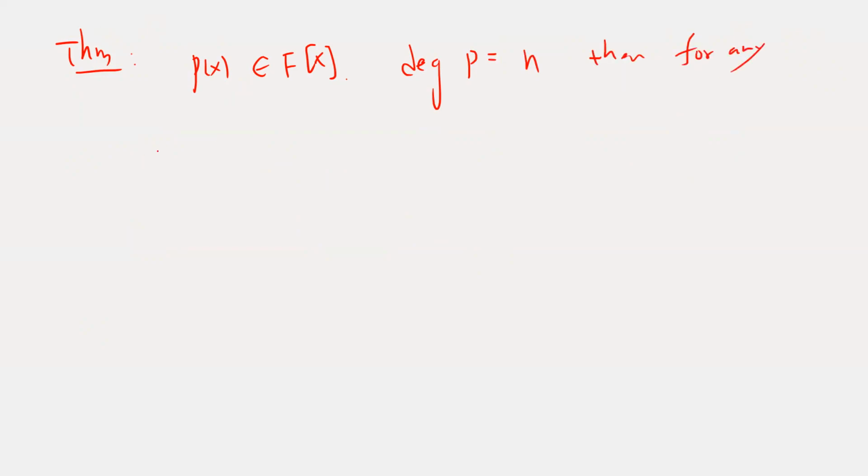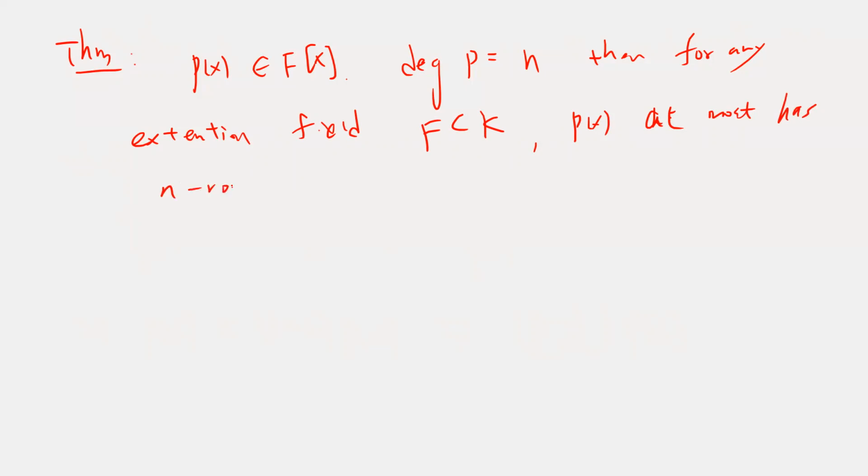Okay, so the next theorem. Suppose you have a polynomial p of x in F of x, and the degree of p is n. Then for any extension field K over F, p of x has at most n roots.